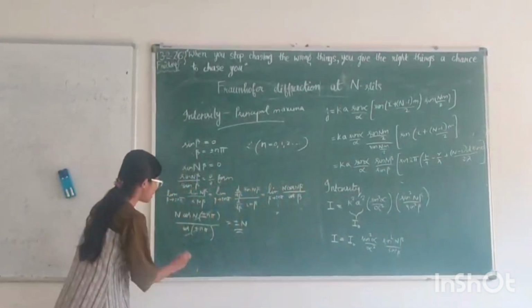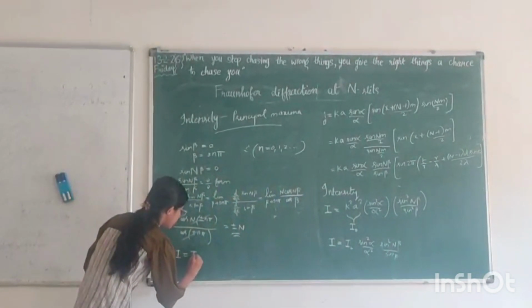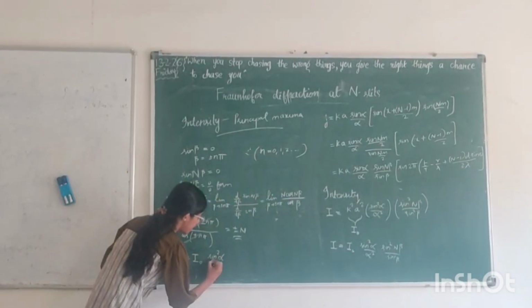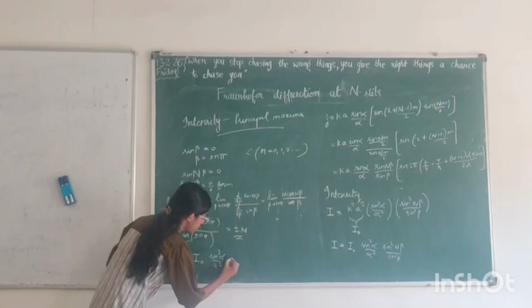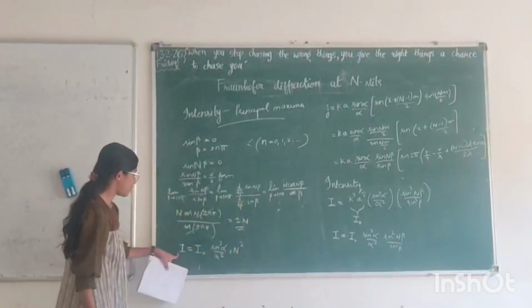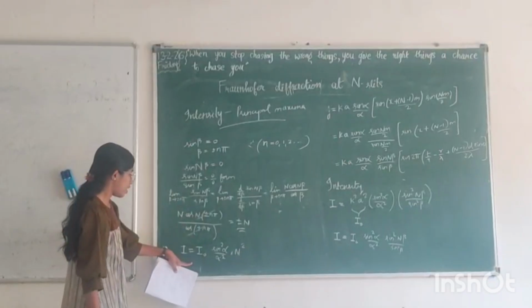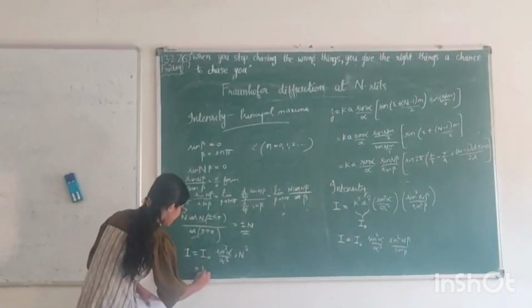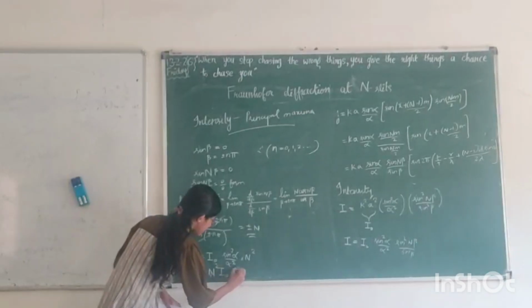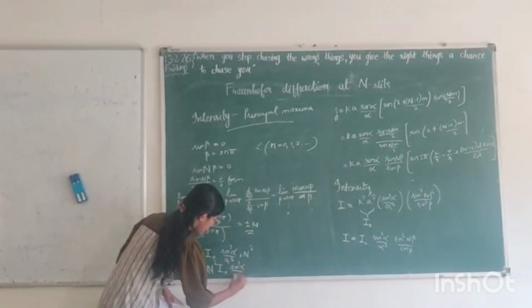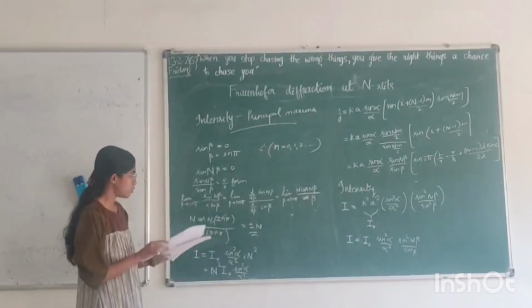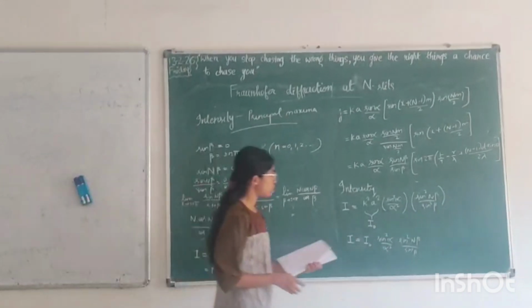So intensity will be I0 sin square alpha by alpha square into n square, or I will be equal to n square I0 sin square alpha by alpha square. Now we discuss the condition for principal maximum.